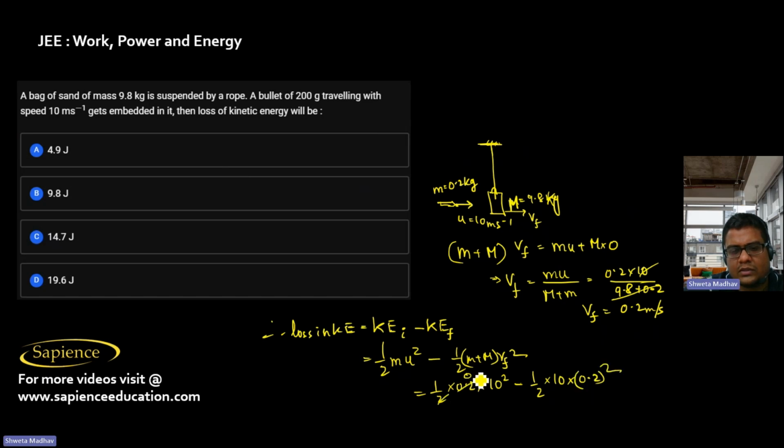So this is 0.1, this is 0.04. So this will be 100 into 0.1, that is 10, minus half into 10 into 0.04, so 0.2. This will be 10 minus 0.2, that is 9.8 joule. So the loss of kinetic energy will be 9.8 joule.